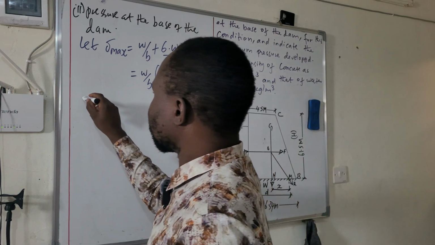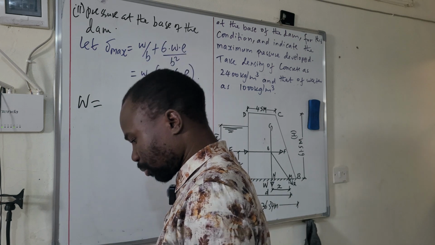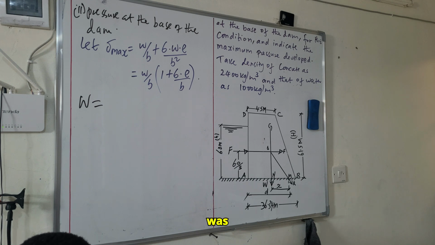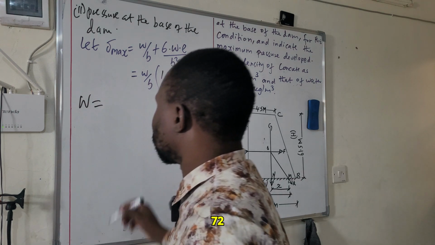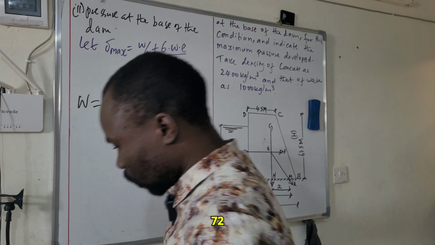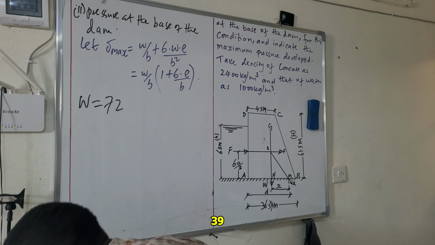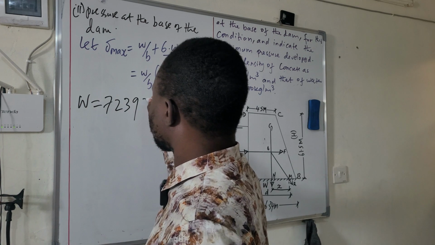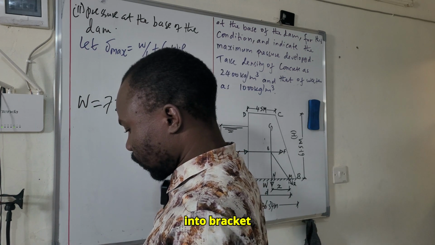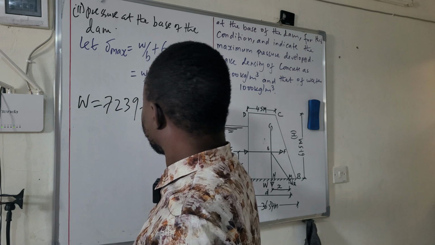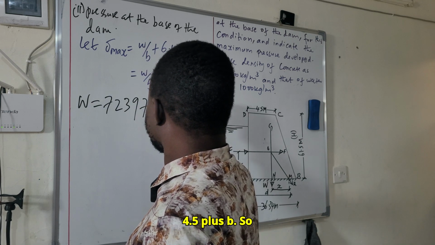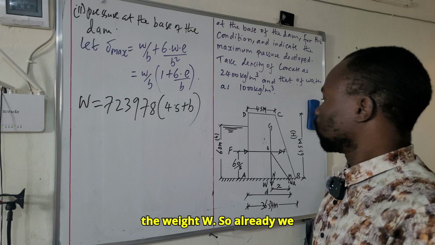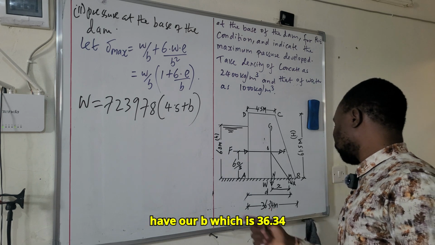But we know that the expression we obtained for W was 72 39 78 into bracket 4.5 plus B. So this was our expression for the weight W. So already we have our B, which is 36.34.